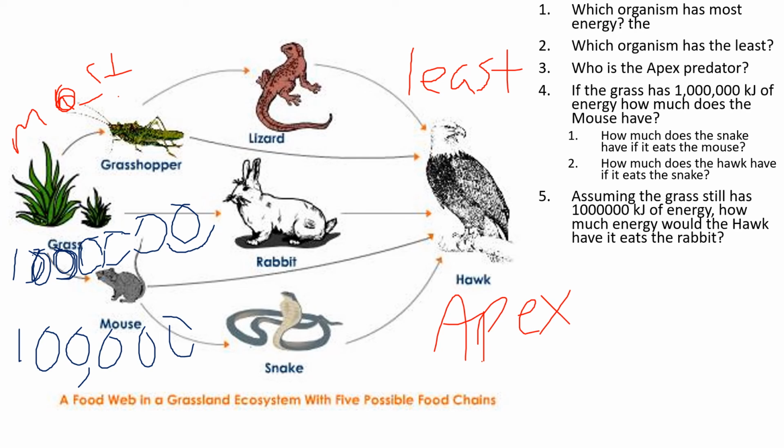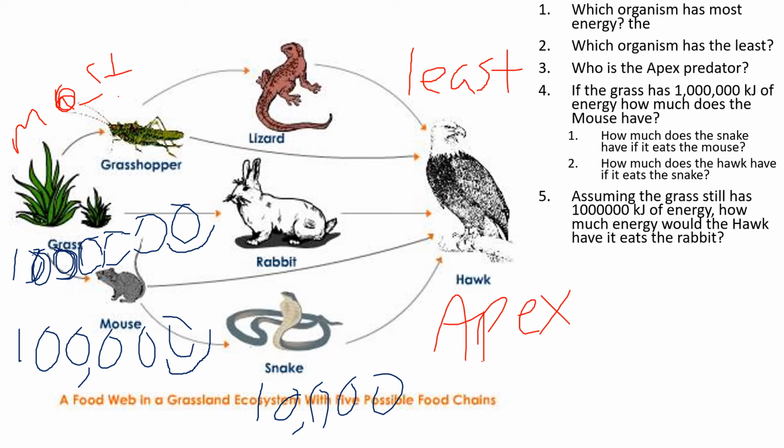How much does the snake have if it eats the mouse? I'm sorry. So if the mouse is getting eaten by the snake, only 10% of that energy is transferred. So we want to move that decimal place to the left again. So the snake is going to have 10,000 kilojoules of energy.